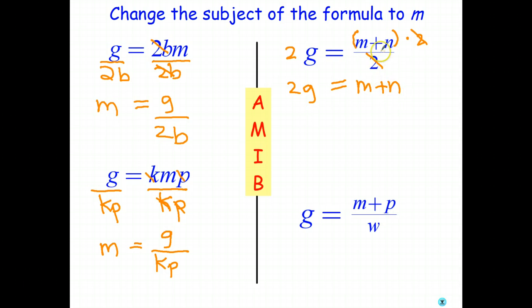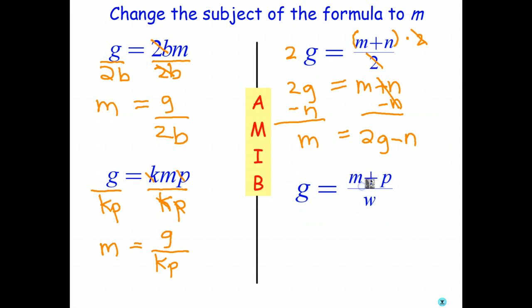You only need the brackets if you actually have your fraction. And finally, we undo the add n by subtracting n. Those cancel out. I'll write the m on the left, and I can't make that expression any simpler. So it's just 2g subtract n is my final equation.